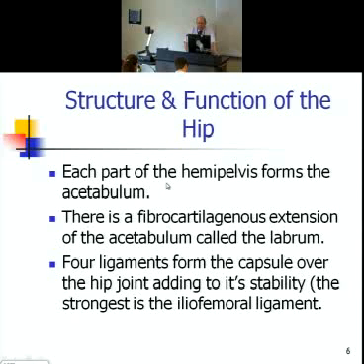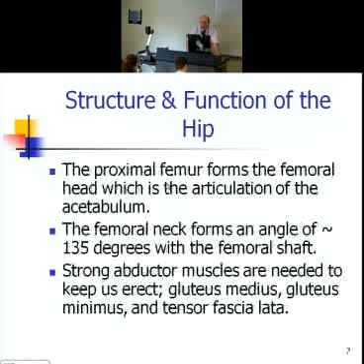So there's a lot of ligamentous attachments to the hip. Since it's not as mobile, nature has provided more ligamentous and very strong ligamentous attachments. So again, preventing the hip from dislocating. The femoral head is the ball, and the acetabulum is the socket.